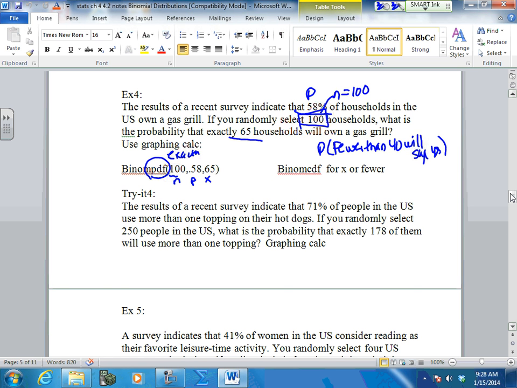You'll put it in your cumulative PDF. You're still going to have your 100. You're still going to have your 58. And what number should I use as my cutoff? 39. I want fewer than 40. Okay? All I need to do this is once. I certainly don't want to make a table with all those entries.